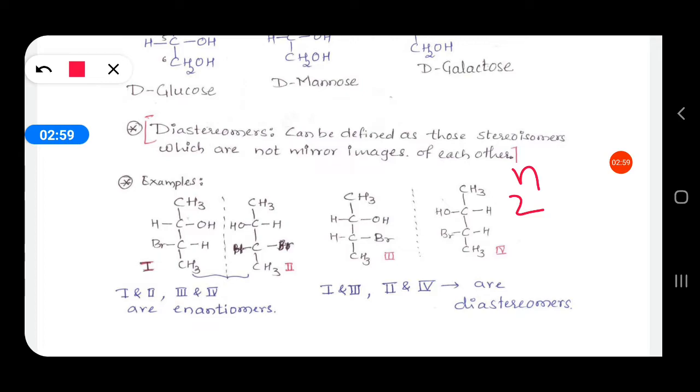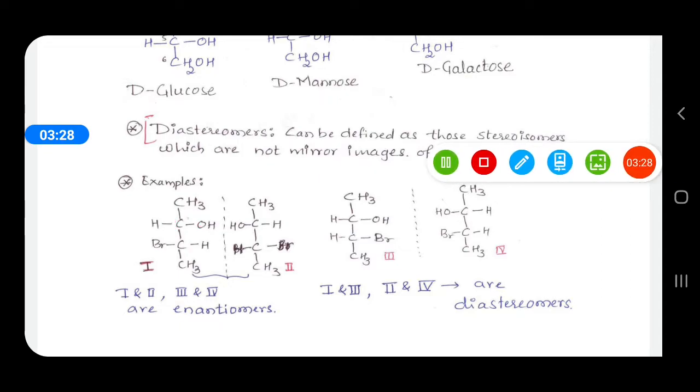Let us see an example. Here 4 carbons are there, so it is butane, and on the second carbon an OH group and on the third carbon Br is present. So it is 3-bromo-2-butanol. In this compound there are 2 chiral carbons.